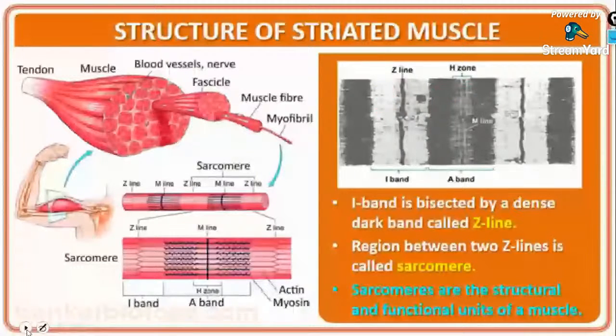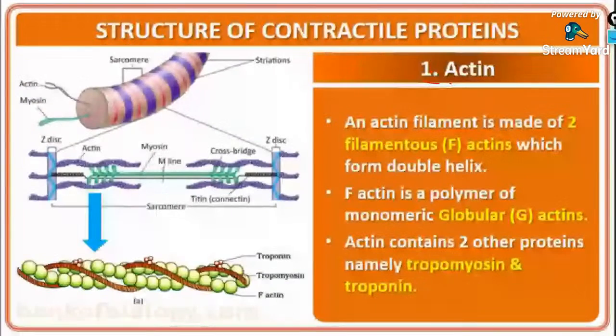Next, we are going to discuss in detail the structure of each contractile protein. First one is actin. What is actin? This is a diagram from your NCERT textbook, a very important diagram.